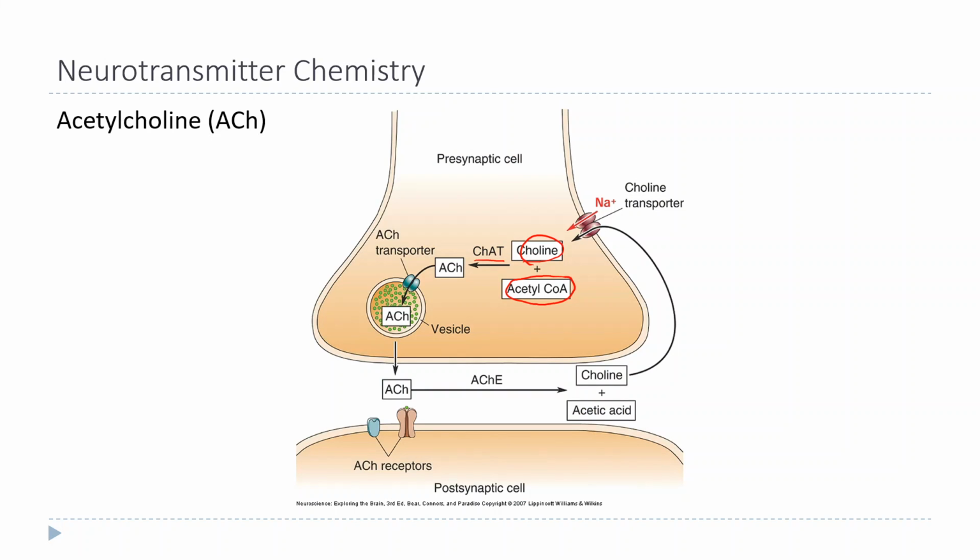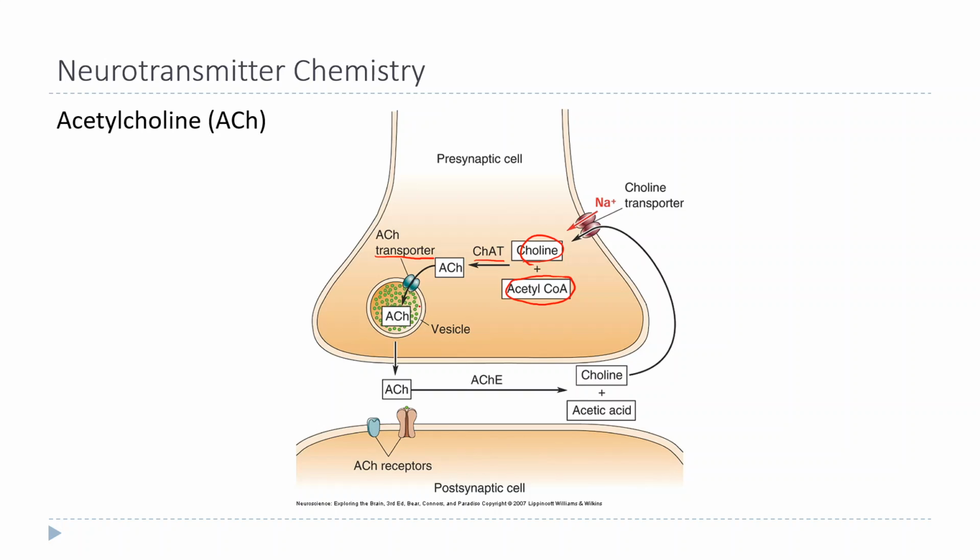This happens in the presynaptic terminal, and then the acetylcholine is packaged into vesicles by a specific acetylcholine transporter. This is a protein that is only found in acetylcholine neurons. So you can use either the transporter protein or the enzyme as a marker for acetylcholine neurons, if you were doing immunocytochemistry or in situ hybridization.